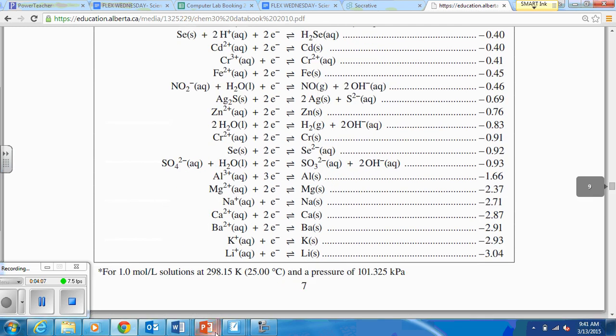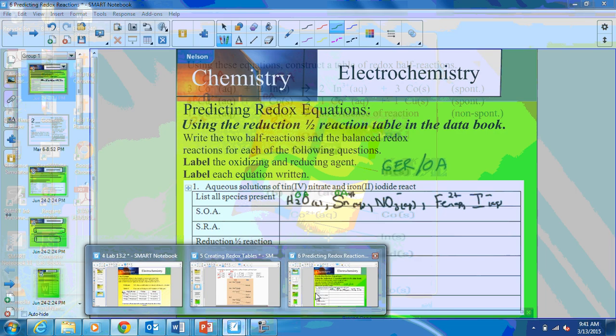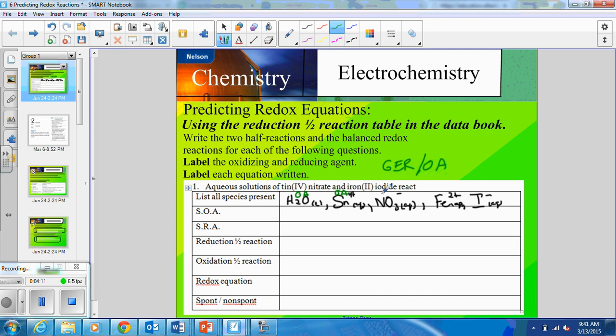So we're going to be checking here. Nitrate is an OA. Iron 2 can also act as an OA. And I negative is not going to be an OA. It can only lose electrons. So now we're going to go through and label the RAs.